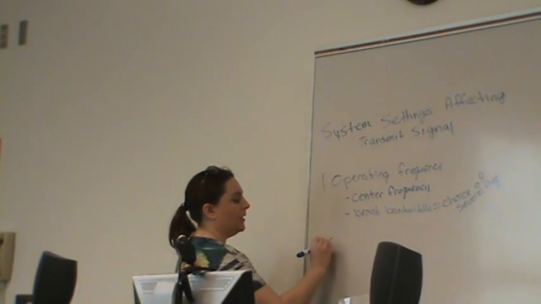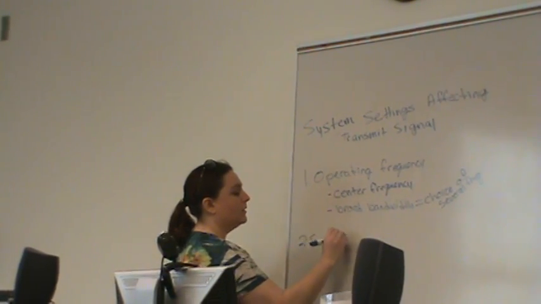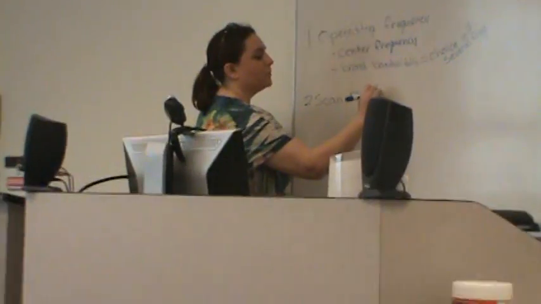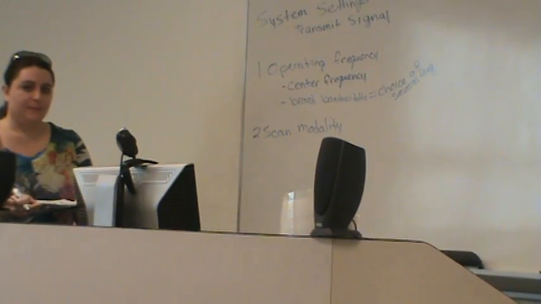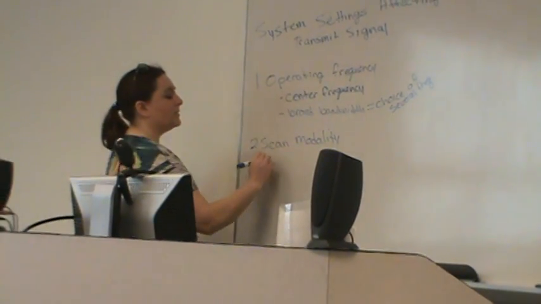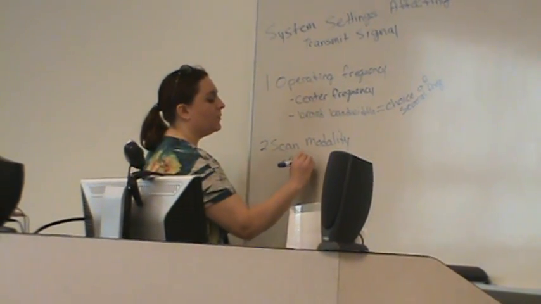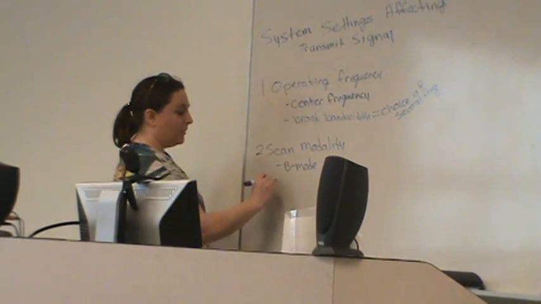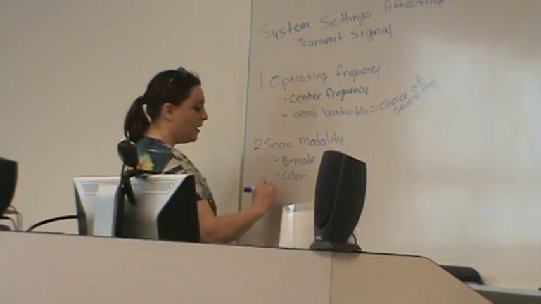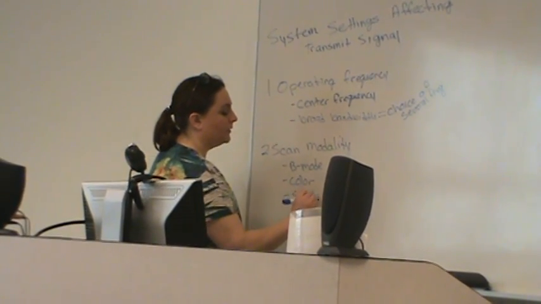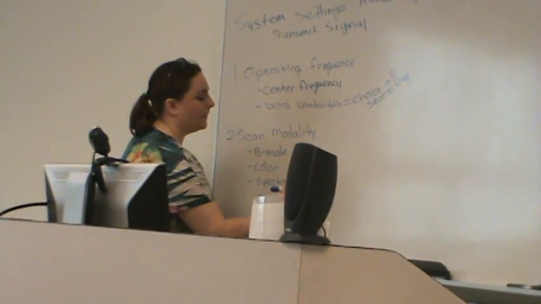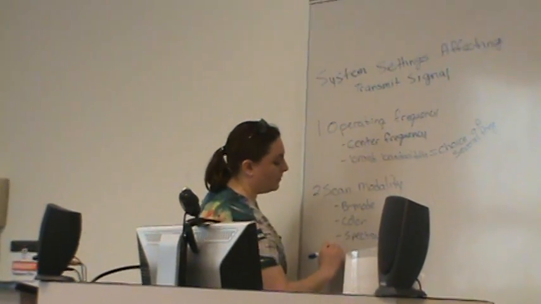The second thing we're going to choose, and often we choose more than one throughout an exam, is the scan modality. So these are things like, are we just doing B-mode imaging? Are we going to include color? Are we going to include spectral Doppler? Are we including M-mode?